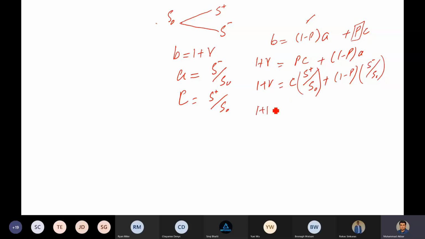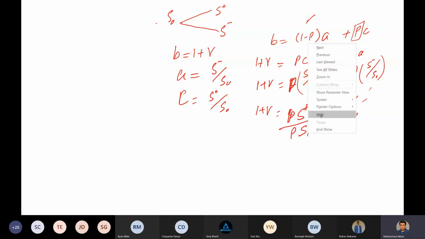If we further simplify this, it will be equal to PS plus divided by S naught, and if we multiply, the P multiplies S plus divided by S naught.